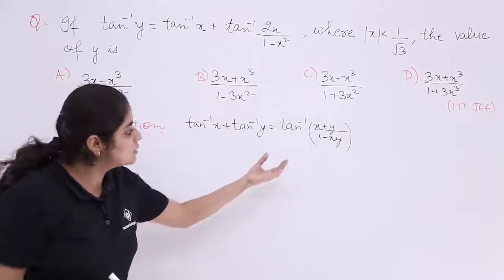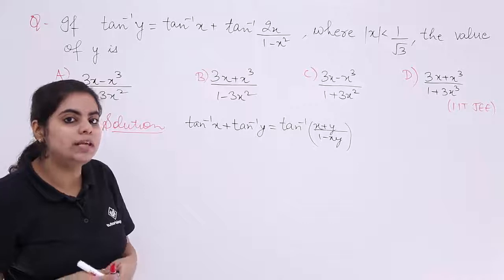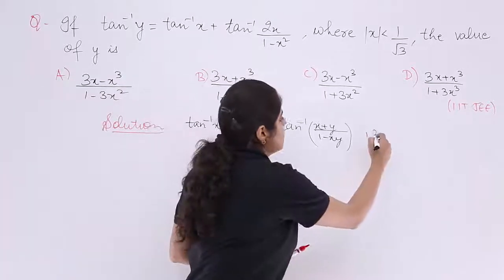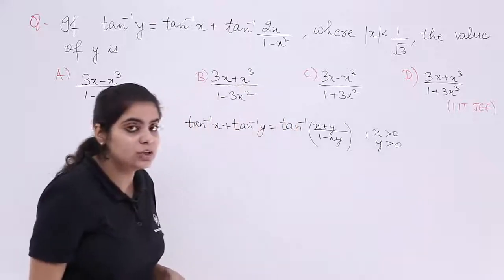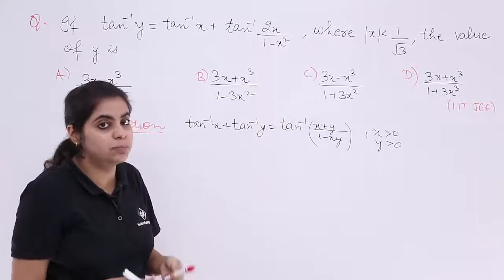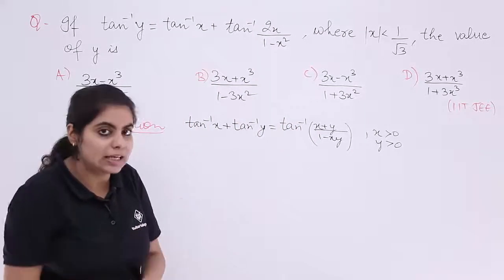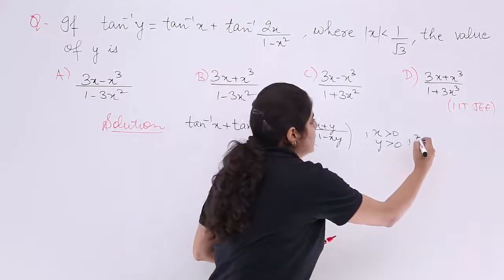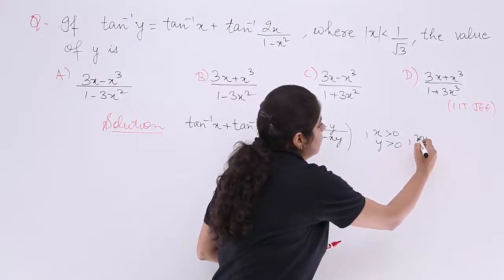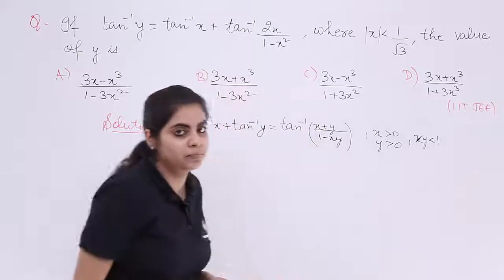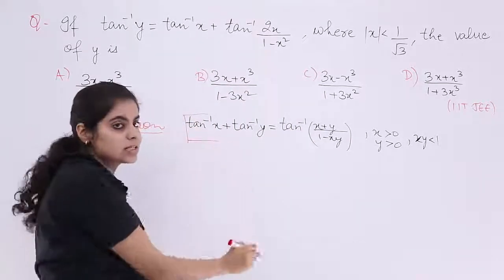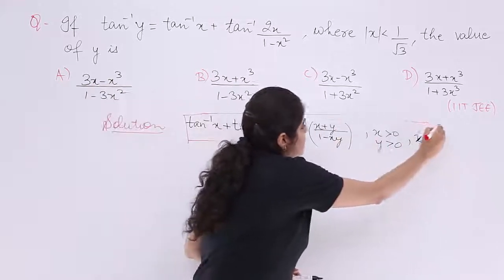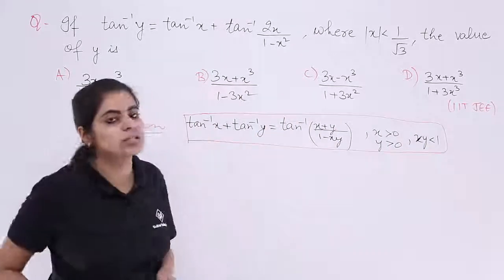The condition is valid only when x is greater than 0, y is greater than 0, meaning both x and y should be positive. Also, the product xy should be less than 1. The formula is there. Let's enclose it in a big box and let's use this formula to solve this question.